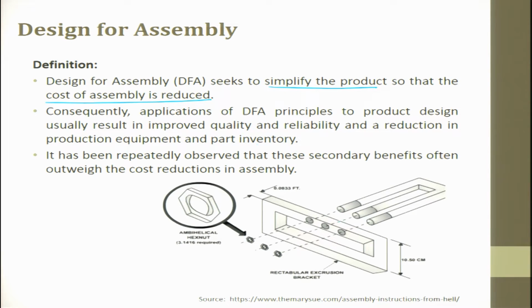For example, if you have a screw or a bolt to be fastened to a nut, and this is going to be used for assembling some operations, the fastening happens by one part, you need the second part and you need the third part.